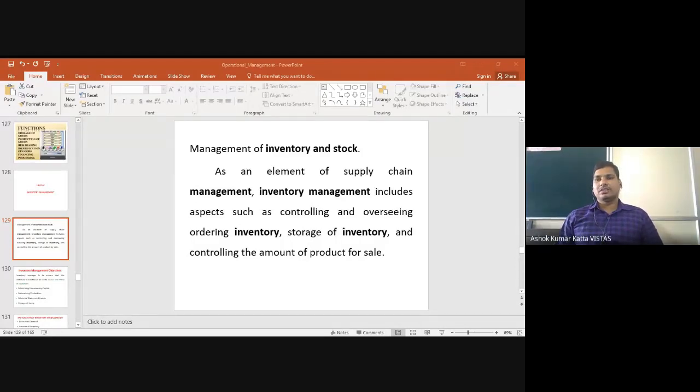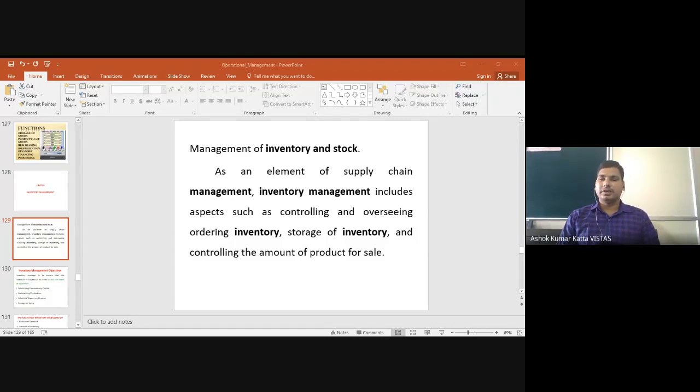From the beginning of this subject, I have been telling you continuously that inventory, or the stock, or the material is a very important resource of the company. Based on this only, they judge the capacity or the quality of the company. Also, most companies spend lakhs and crores of rupees to buy these inventories.